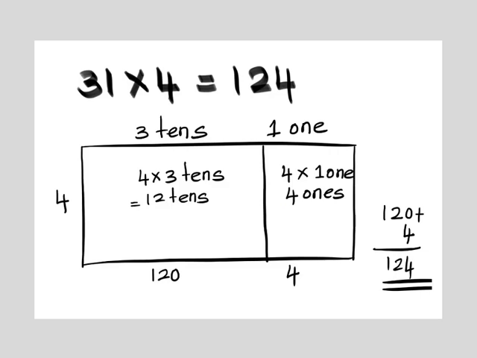So we know the value of 12/10. We have to write the value of 12/10 as 120 right here. And then the value of 4 ones goes right down here. Just write 4. So finally you have to add this value and this value, and that is how we get 124. 120 plus 4 makes 124.